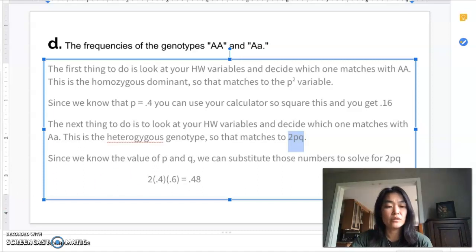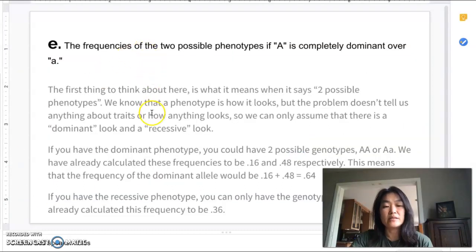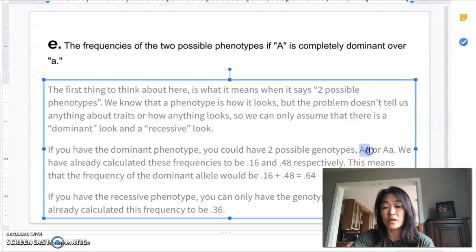Okay, we're already on to letter E. Letter E is asking for phenotypes. If you remember what phenotype is, that's how something looks. Now, we don't know anything about the traits in this problem. They're just giving us a general idea. So we don't know what the dominant phenotype looks like, but we just know that the only way you can have a dominant phenotype is if you have either the homozygous dominant genotype or the heterozygous genotype.